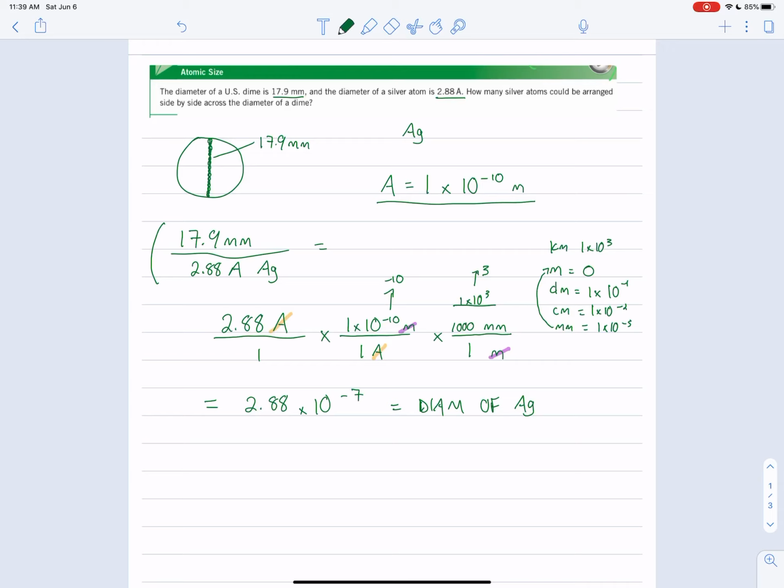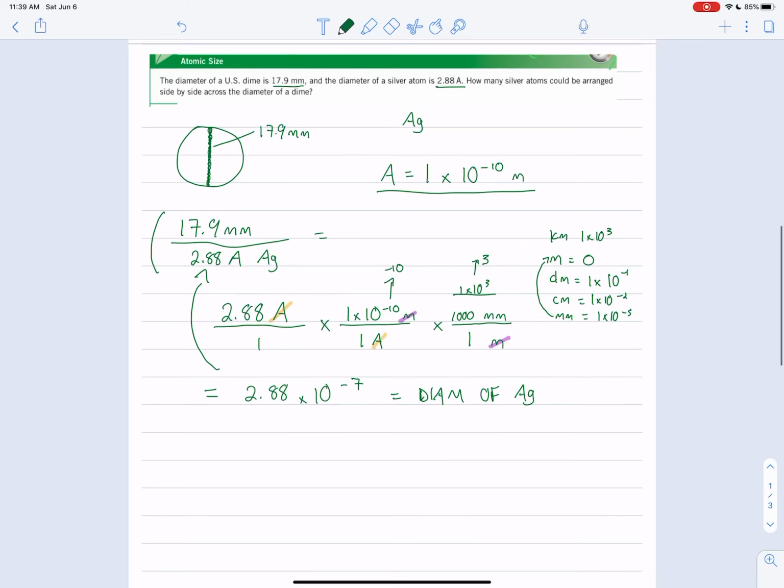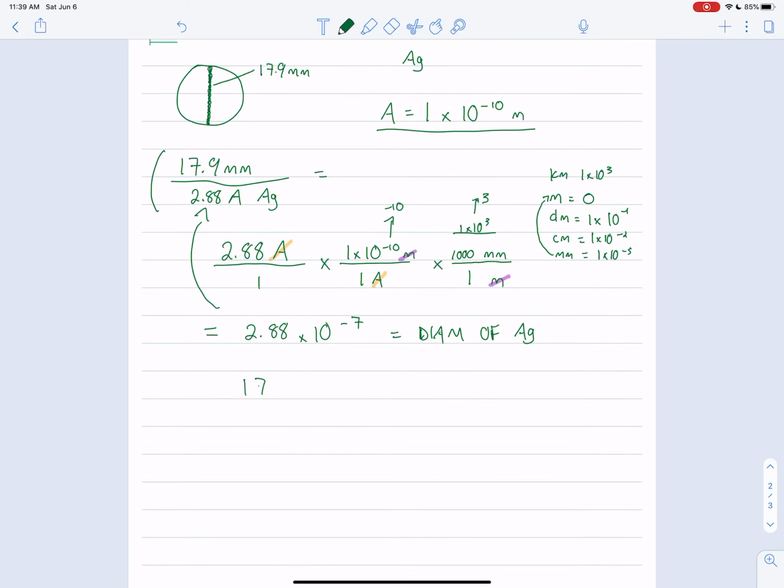So remember, to our original problem here, we can now divide 17.9, and this unit, remember, is millimeters because that was the last unit in our conversion up here. So 17.9 millimeters, which remember is the diameter of our dime, divided by 2.88 times 10 to the negative 7th.